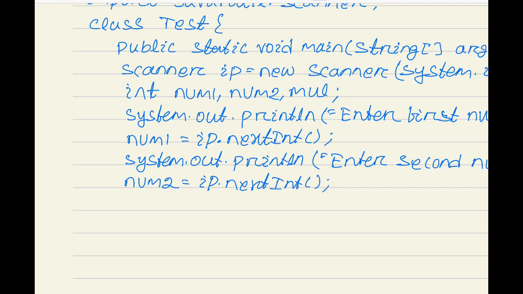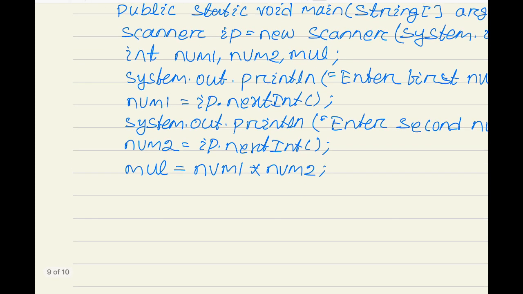So we have entered two numbers, and those numbers are going to be stored in num1 and num2 respectively. Now we can give mul or multiplication equal to num1 star num2. Here star is the multiplication operator. Then we can write System.out.println, and the value we want to print is mul.